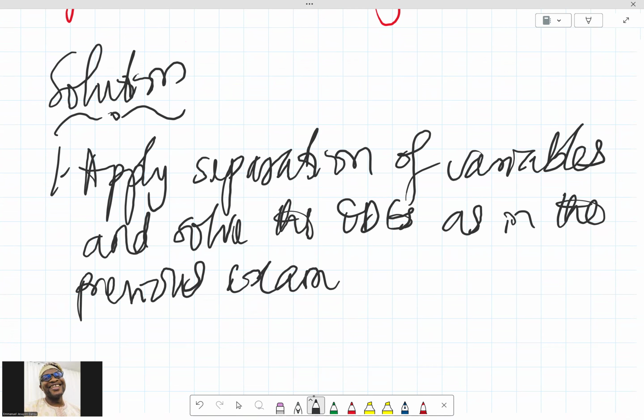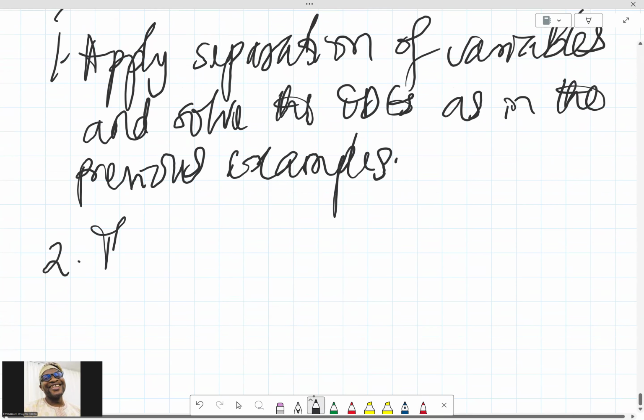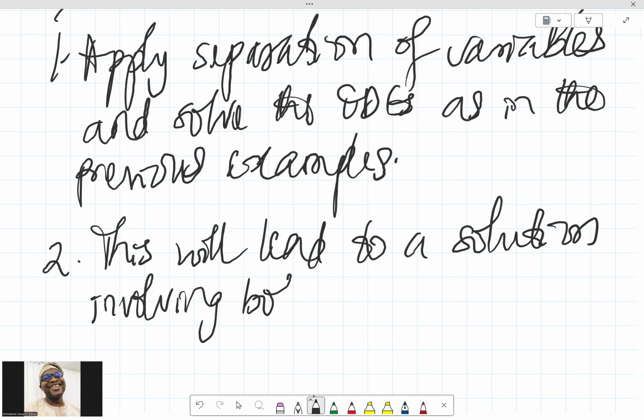Another thing is number 2, this will lead to a solution involving both cosine and hyperbolic terms.